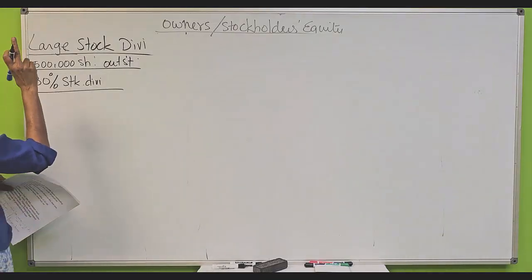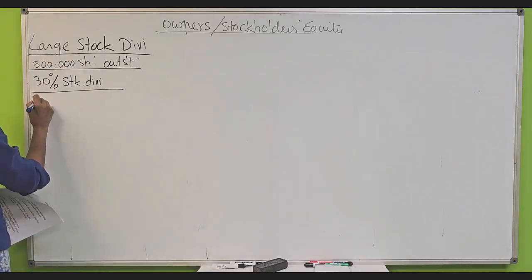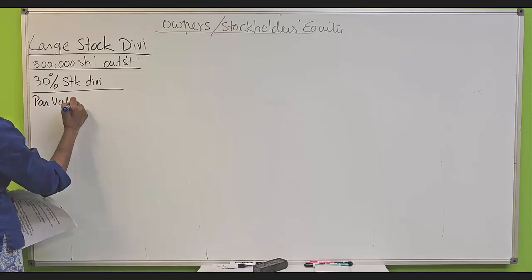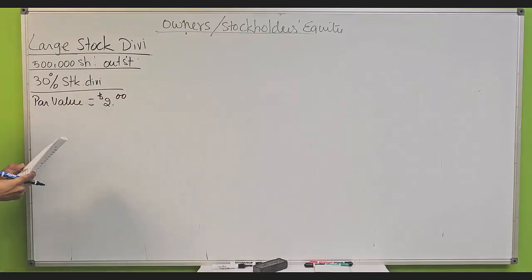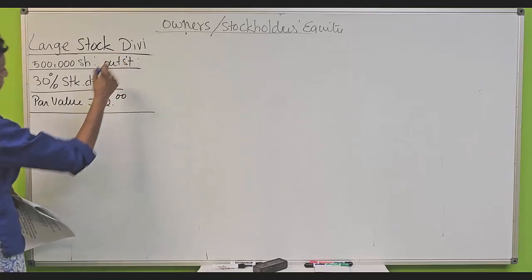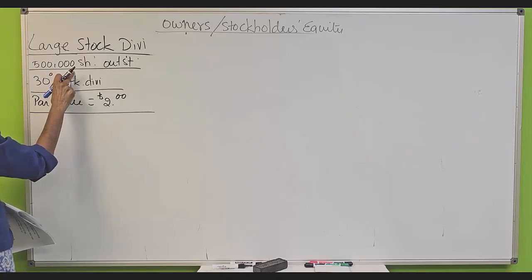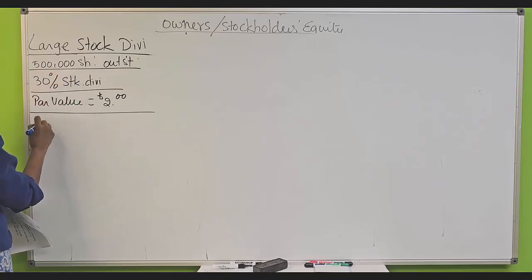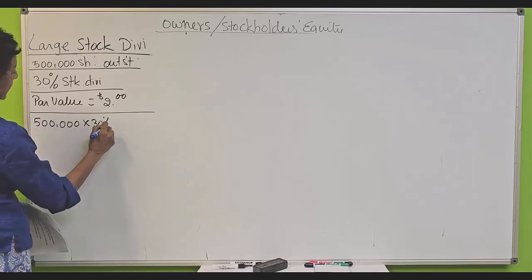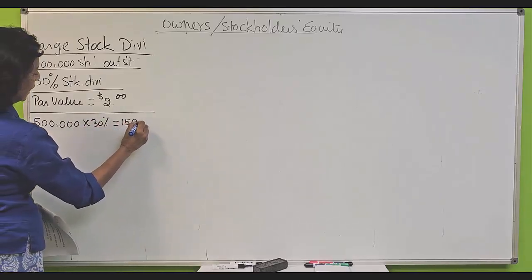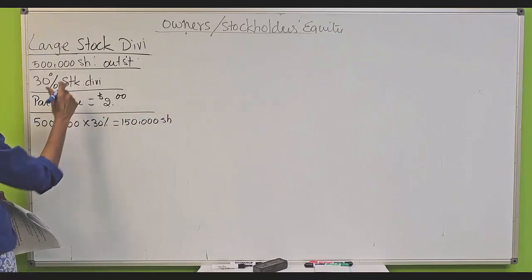Now, if it is a large stock dividend, then the value of the dividend is based only on the par value. So here, what is the value of the dividend? So first, how many shares are coming out? 500,000 times 30%. So the company is giving out a total of 150,000 shares as dividend.